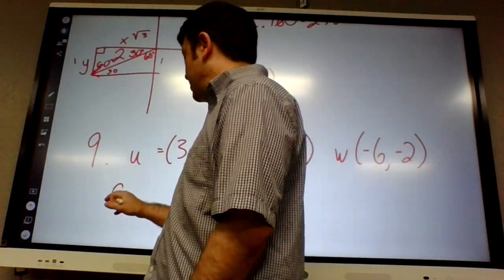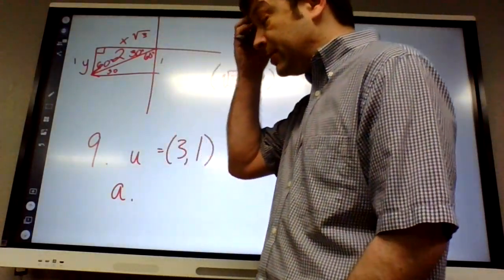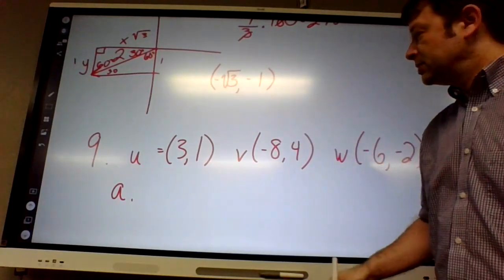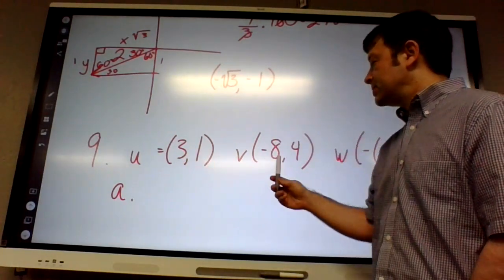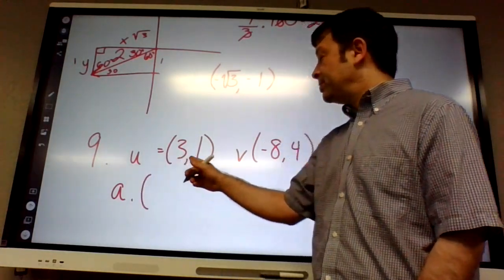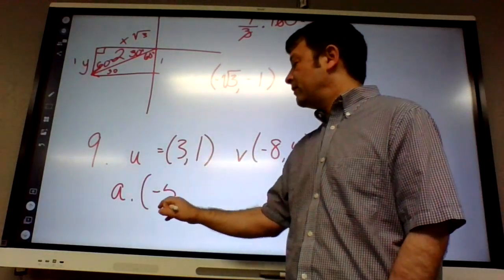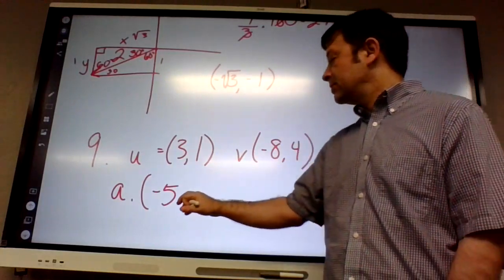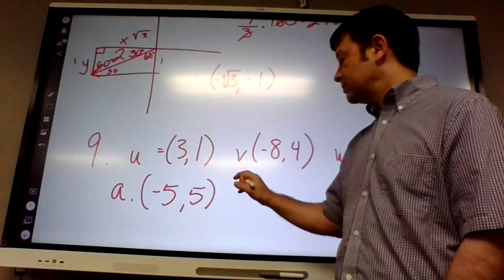And, okay, for a, we're supposed to add vectors u and v. So you just add the x coordinates and add the y coordinates, and that would be the answer. So 3 plus negative 8 is negative 5. 1 plus 4, positive 5.